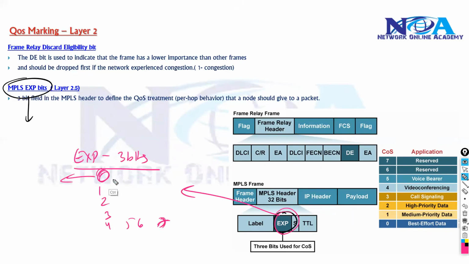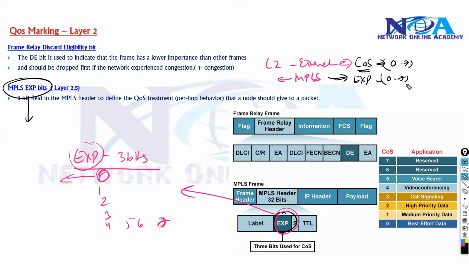So in terms of marking, whether you are doing it in a layer 2 Ethernet network or in MPLS, the values remain the same. The difference is that in Ethernet networks, we call this the class of service value, which ranges from 0 to 7. In MPLS networks, we call this experimental bits, 0 to 7.